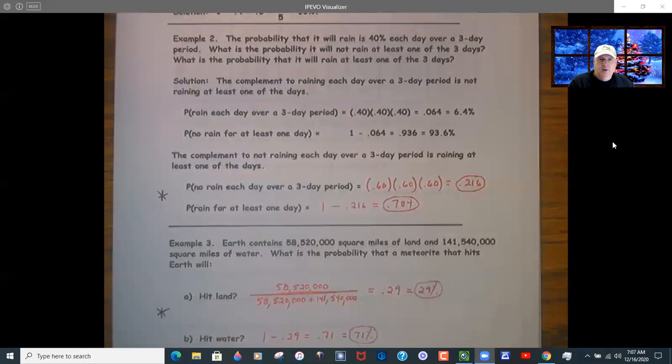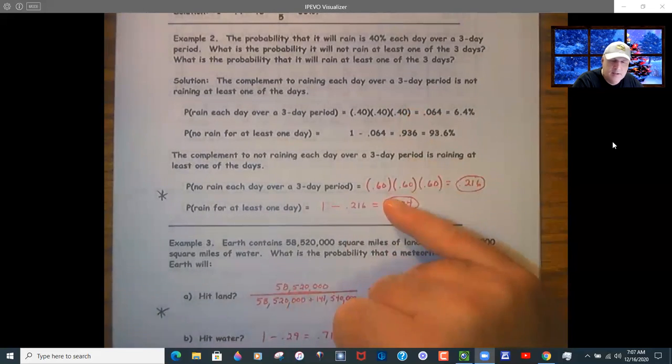The probability of no rain for at least 1 day is high. So again, complement principle. The complement to not raining over each day over a 3-day period is raining at least one of the days. The probability of no rain over a 3-day period, so you just do the complement to 40% up here, is 60%.